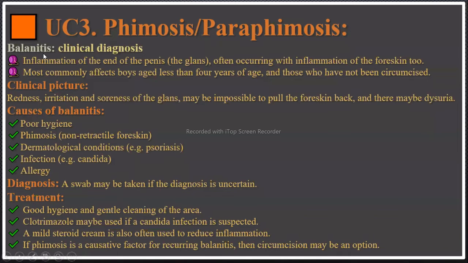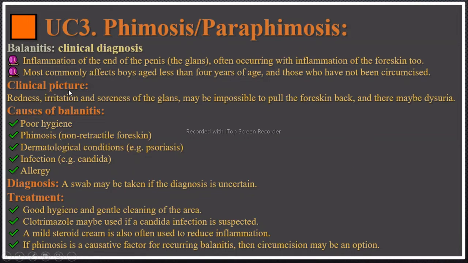So balanitis is a clinical diagnosis: inflammation of the end of the penis, the glans, often occurring with inflammation of the foreskin too. It most commonly affects boys aged less than 4 years, so you will find the scenario within 4 years, and those who have not been circumcised. So circumcision is important to avoid infection.